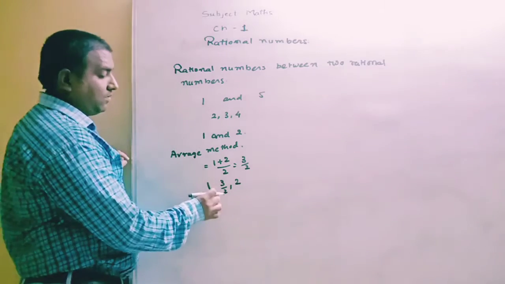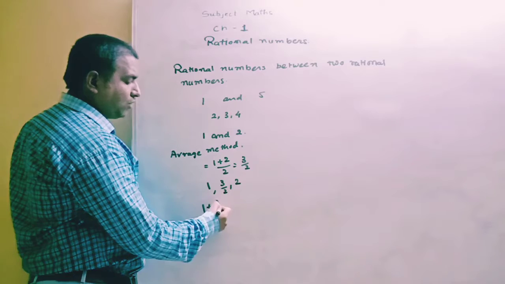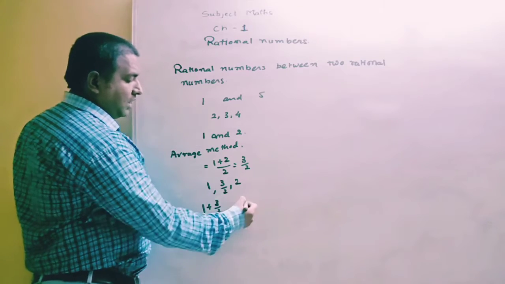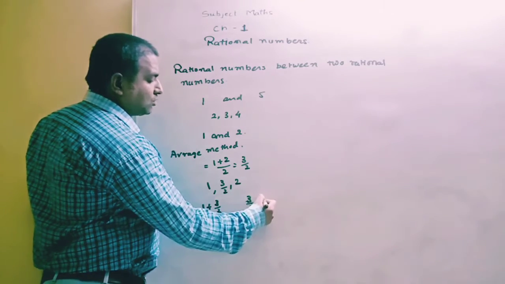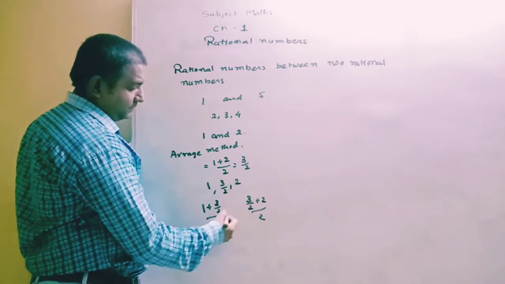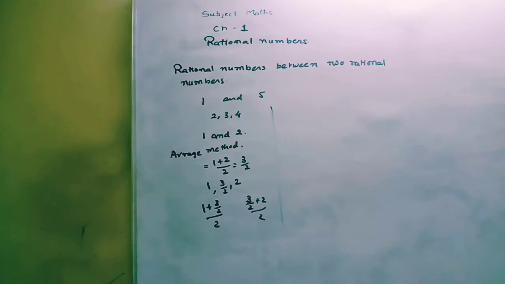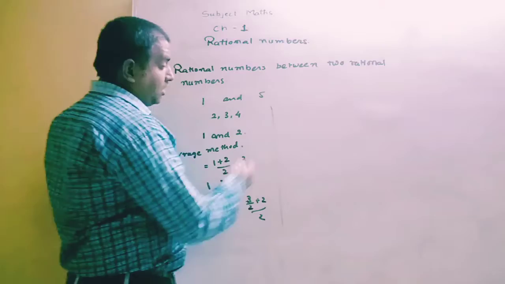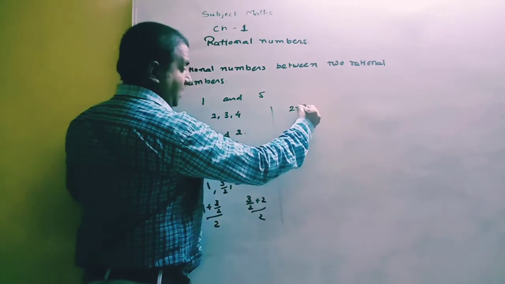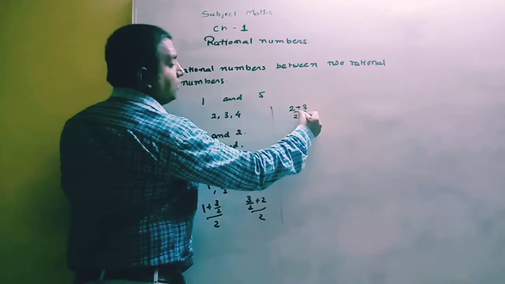Now again we want more numbers. Then we take the average of 1 and 3 by 2, so 1 plus 3 by 2, by 2. And 3 by 2 plus 2, by 2. Here we take the LCM. Then it will be 2 plus 3 by 2, and the denominator 2 will come together.